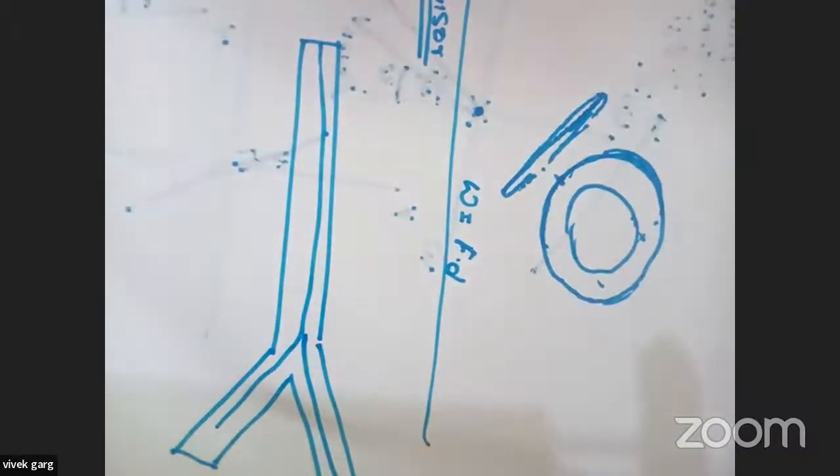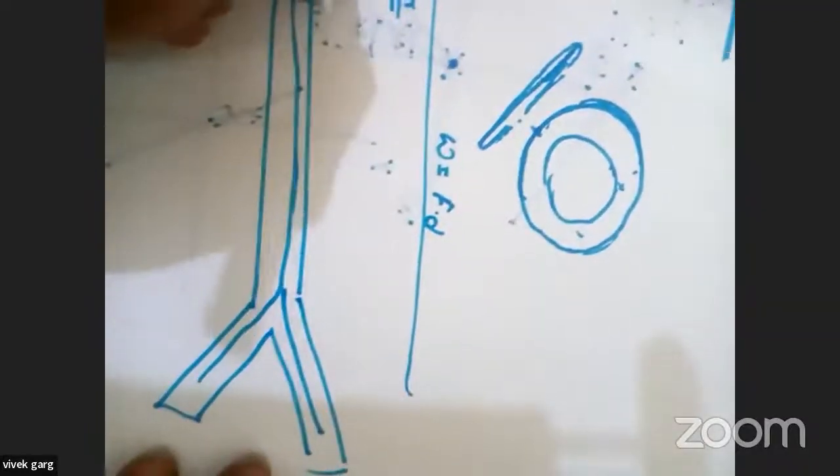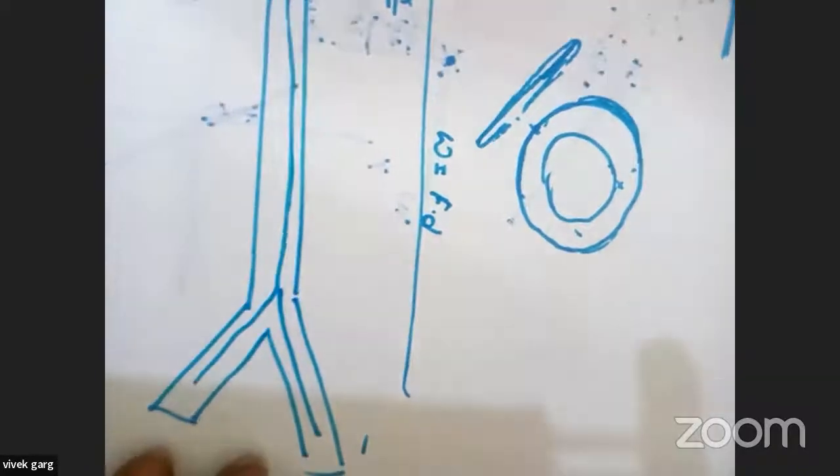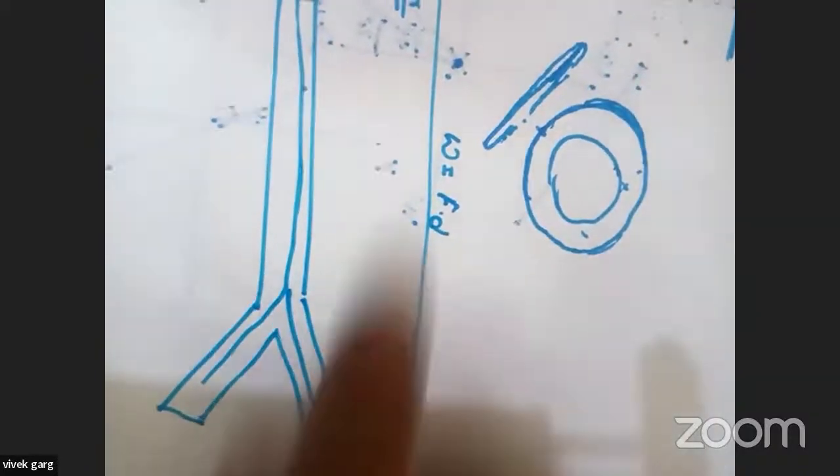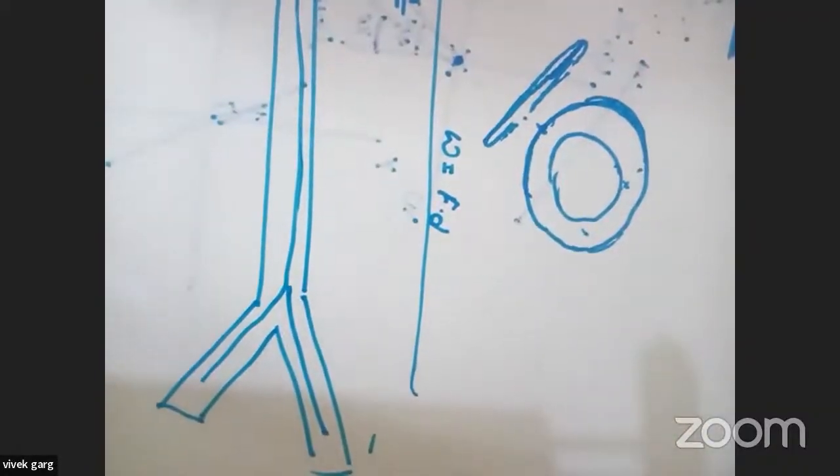But because I can't see current, how do I know that there is a current flowing in this wire? Suppose this is a wire, this I connected to positive, this I connected to negative. And I say the current is flowing from positive to negative. How do I know current is flowing? I can't see it. So, sir, touch it and see, you'll get a shock.